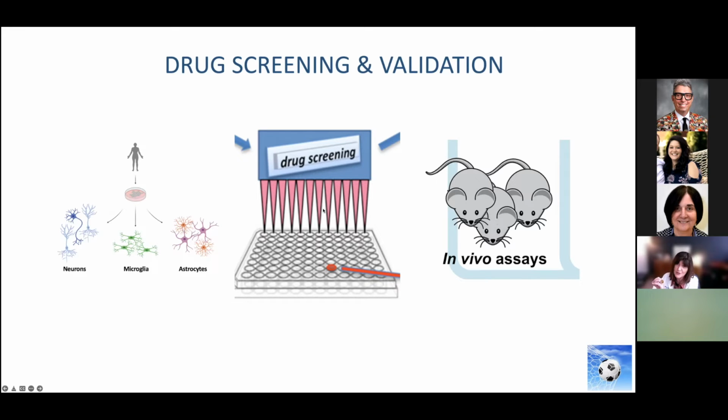But I would like to stress the importance of now having these tools that are really patient-derived, to really do this high throughput screening in a more efficient way.